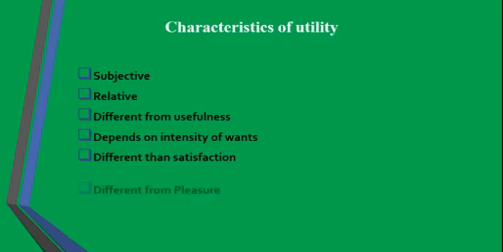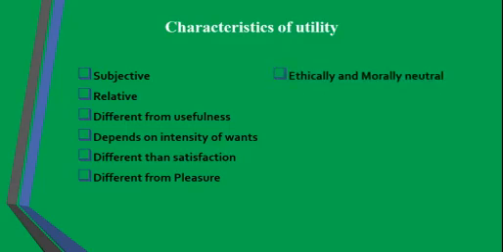Utility is different from pleasure. A commodity may have utility, but its consumption may not give any pleasure to the consumer. Medicine given to a patient has utility but does not give pleasure to them is the best example of it.